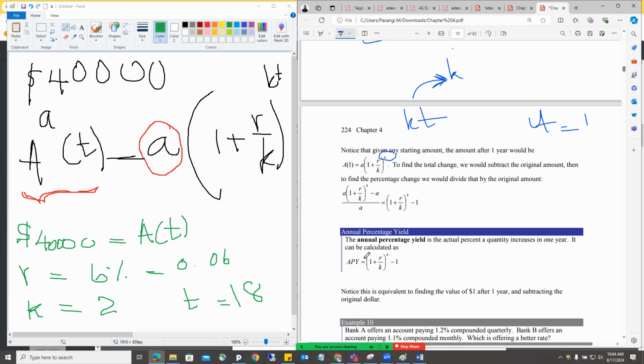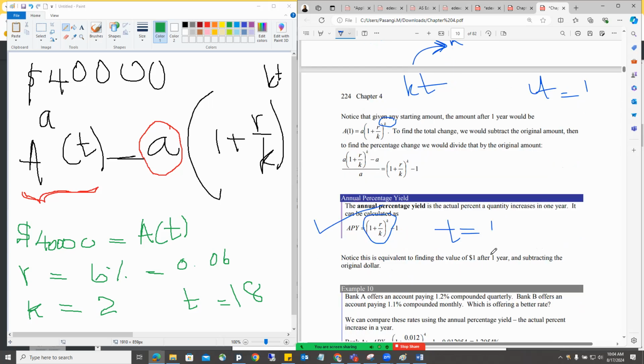So we can calculate that from this formula. The value t is equal to 1. So from this, we are subtracting 1. That's how the normal APY, the annual percentage yield, is calculated.